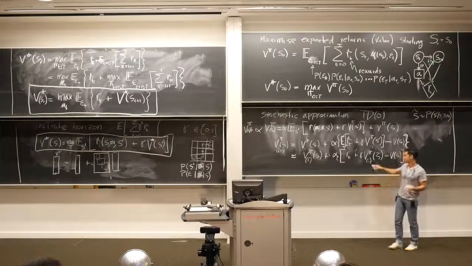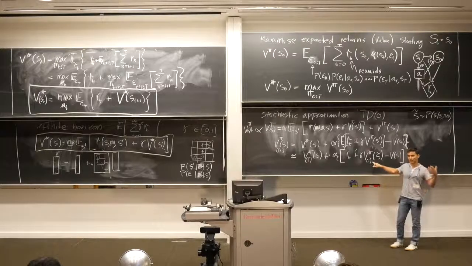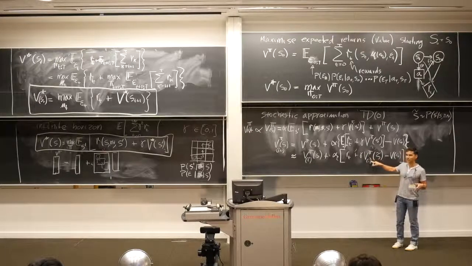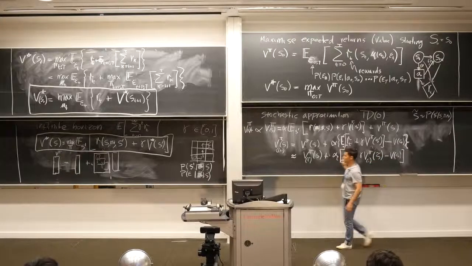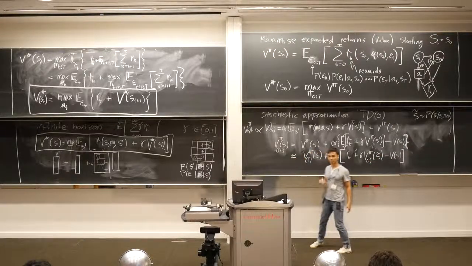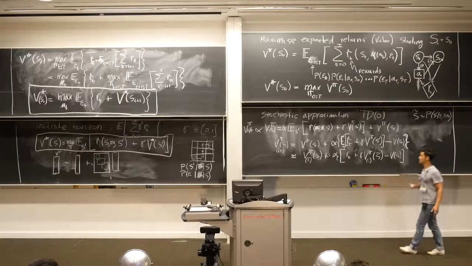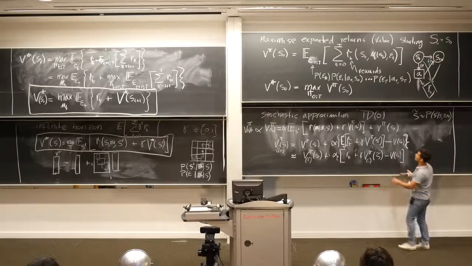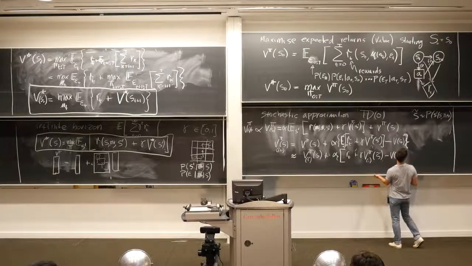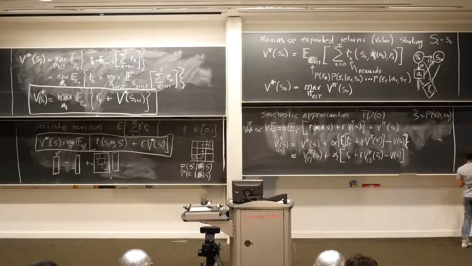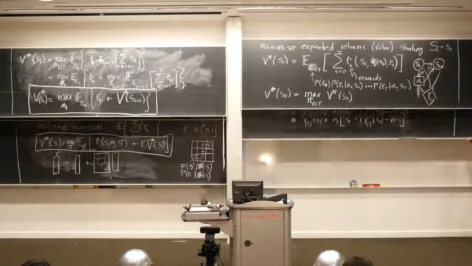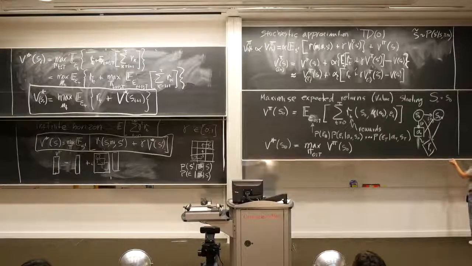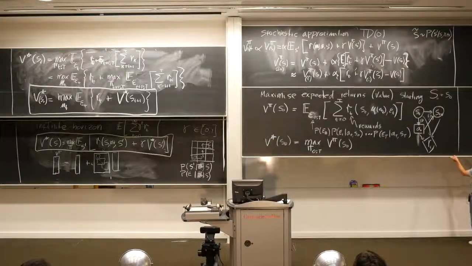I haven't told you what it is. If this is a neural network, these will be the parameters of the neural network in the previous iteration, and that will give me the new neural network with the new parameters. To make this a bit clearer, it might be useful to look at this in terms of something we've seen before, something that Zico introduced us to.